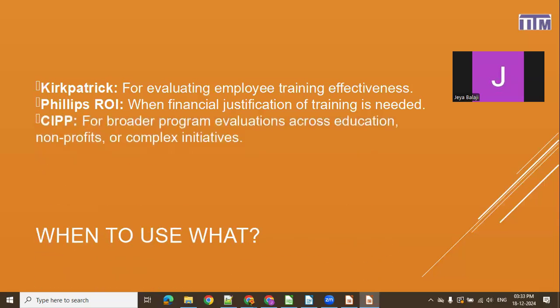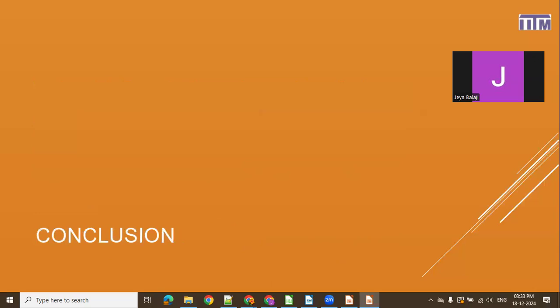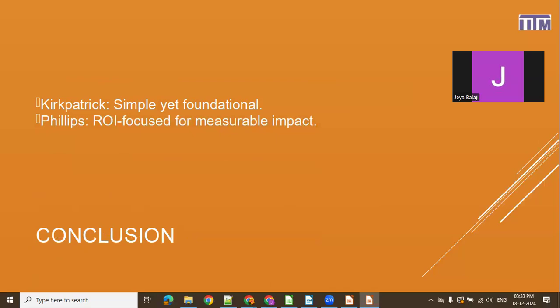And CIPP is for any kind of program evaluation across education, non-profit, or complex initiatives. So for anything, we can use CIPP. To summarize what we saw, Kirkpatrick is a simple foundational model, Phillips is cost-oriented and ROI-focused for measurable impact, and CIPP is comprehensive for ongoing evaluation.